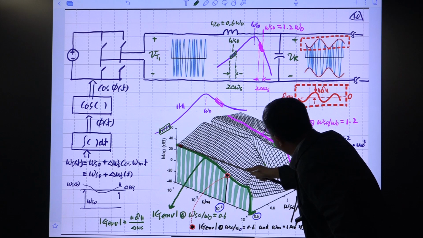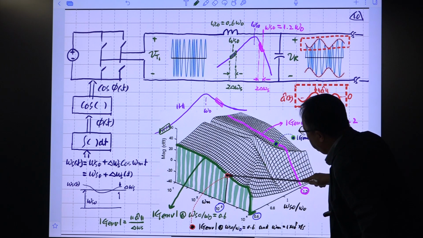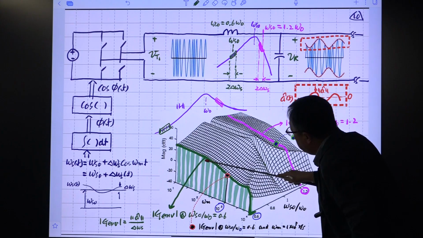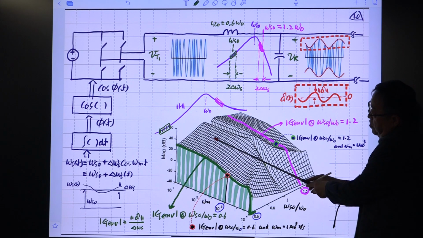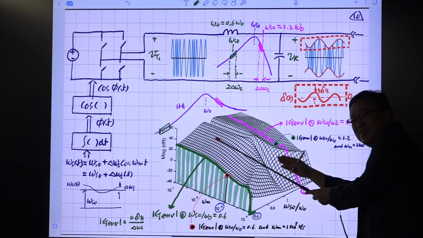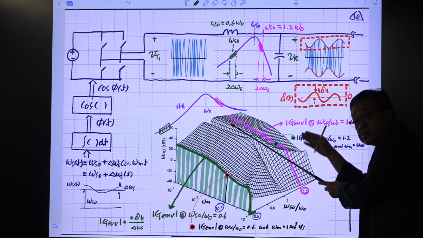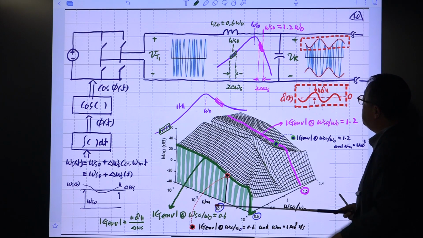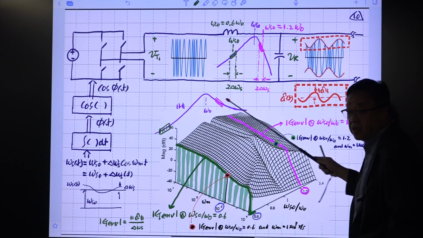You have some value here, and you increase that to 1 kilohertz, omega m, then you have this value. This is a connection of this one. So you have one curve at this cut. If you move the cutting to this side, you have another slice, another slice, something like that. This figure is very good because it is very informative.